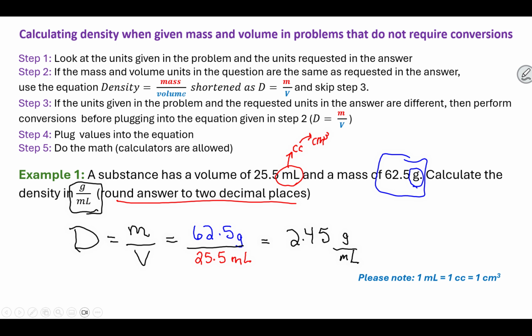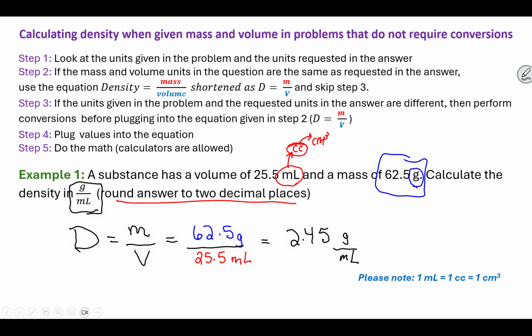You can just replace the value in front of milliliters with the new units. So that's a little bit of a trick, and this is really common. The cc is really common in nursing type calculations. Okay, so there are no extra steps going between milliliters, cubic centimeters or cc, and centimeters cubed.